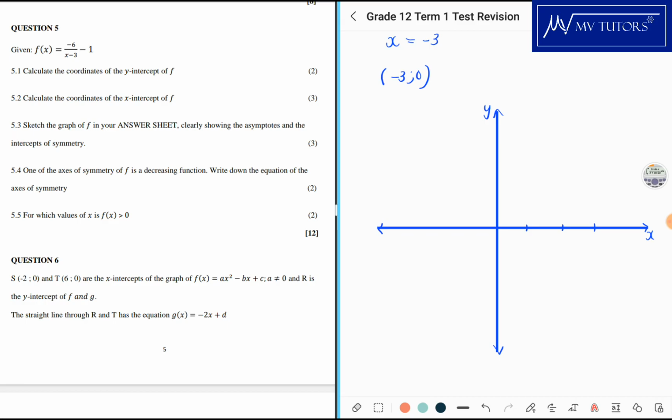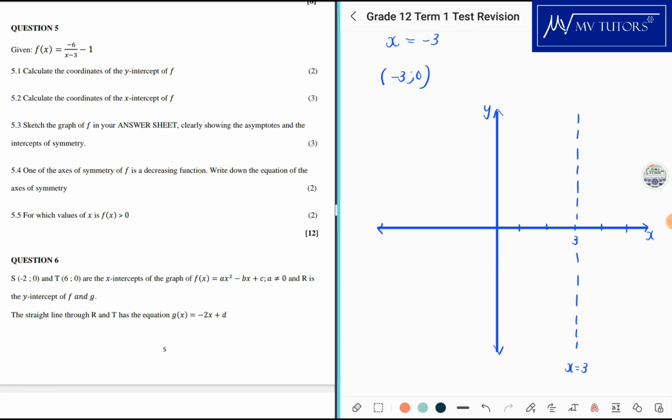Okay. Yeah, maybe let me make it a bit smaller, the intervals. Alright, so there is 3. I'm just going to indicate that that is my asymptote. I can even write there that x is equal to 3. I don't know if they're going to really be concerned about that, but yeah.